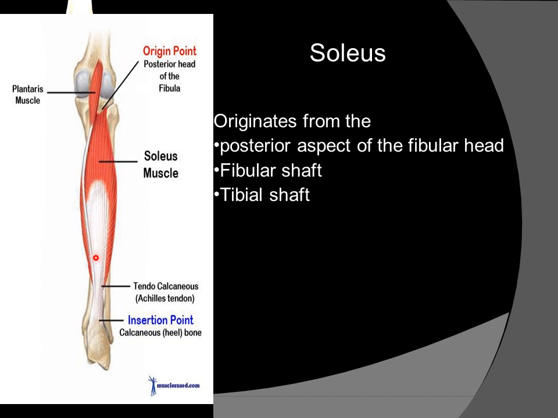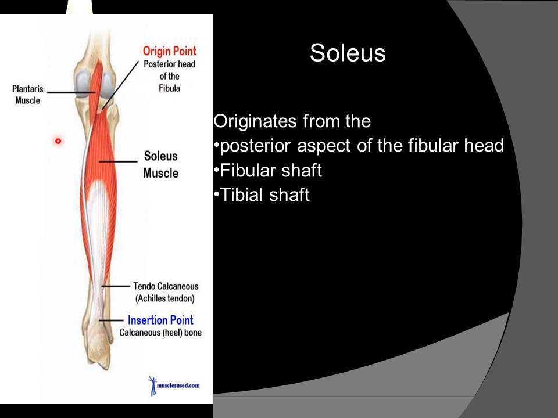Insertion of the soleus. The muscle fibers run downwards to form a belly, which eventually gives rise to a tendon. The tendon of the soleus unites with the gastrocnemius to form tendo Achilles or the tendo calcaneus, which is inserted into the middle 1/3 of the posterior surface of the calcaneum.